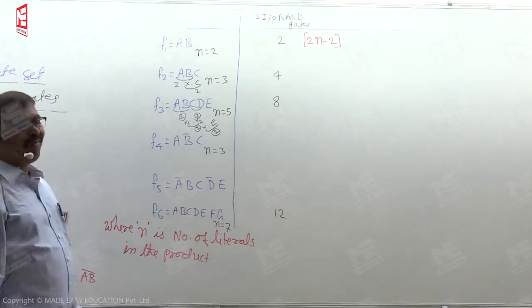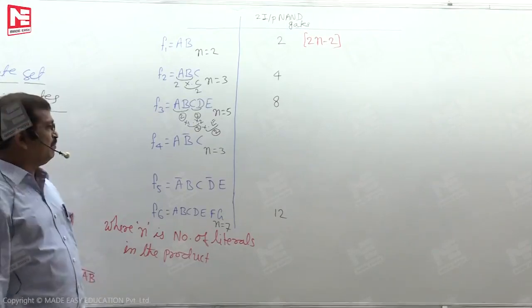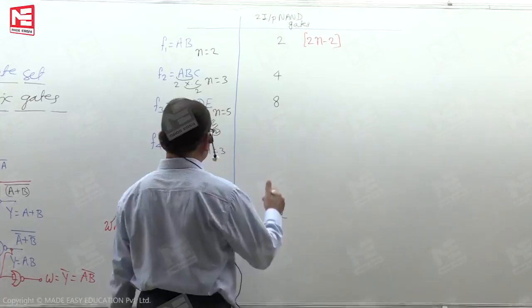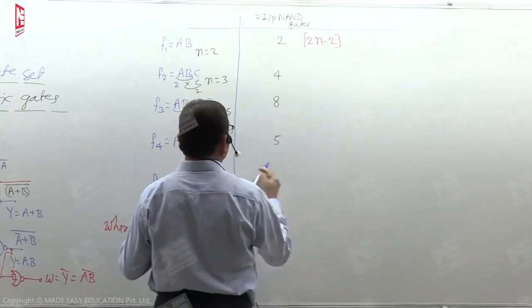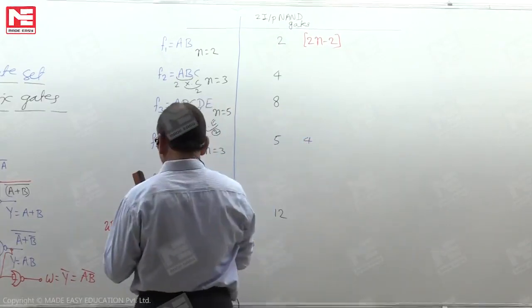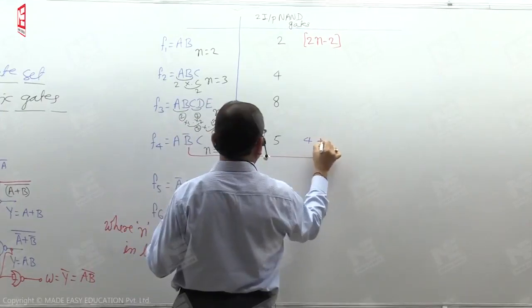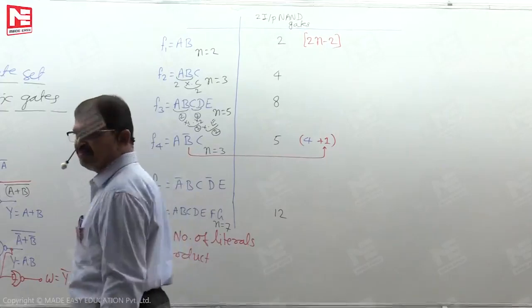For the complement purpose, we need one gate. Hence, the answer to this question is 5. Using this formula it is 4, and because of this complement operation we need plus 1. Hence, the answer is 5.